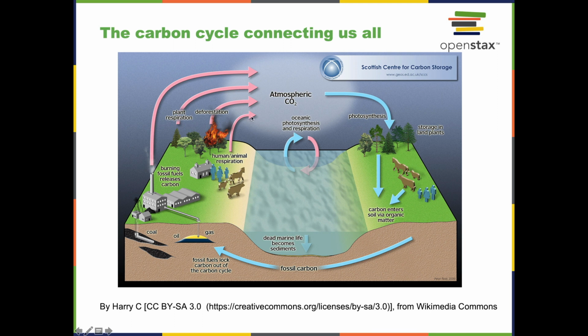And then that CO2 again goes back into the system through photosynthesis. The ocean also does photosynthesis and respiration, and it constantly recycles this carbon. So in the absence of burning fossil fuels or deforestation, the system is in balance.